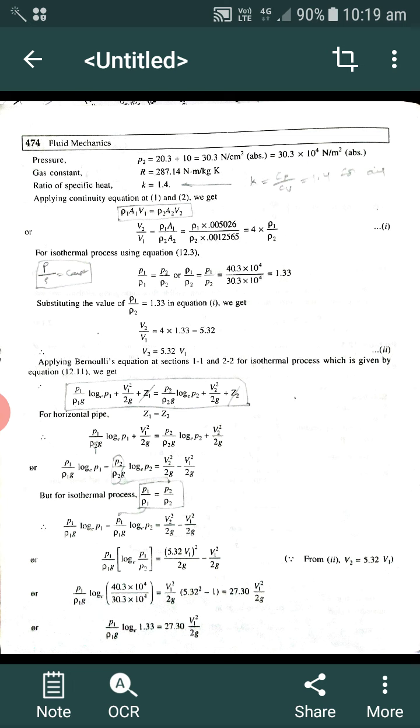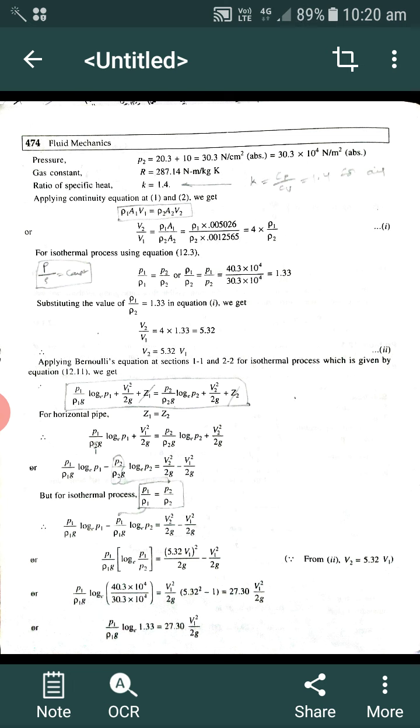For gas constant, R is 287.14 Newton meter per kg Kelvin. Then the ratio of specific heat K is given as 1.4. K is Cp by Cv, taken as 1.4 for air.